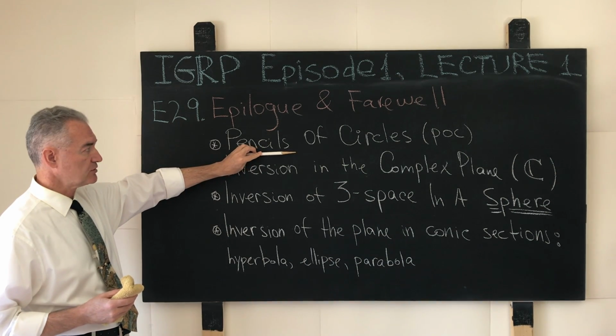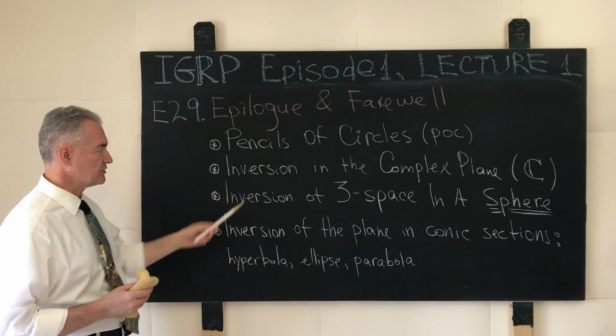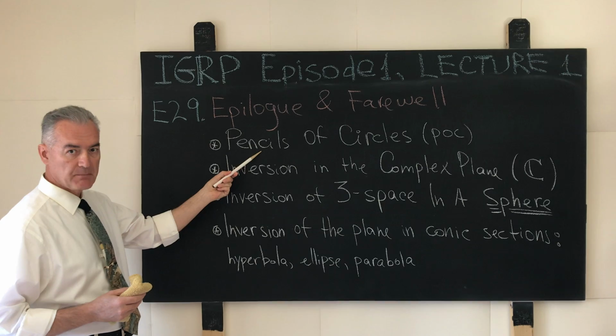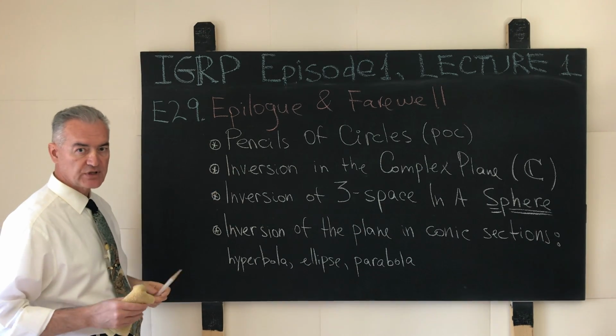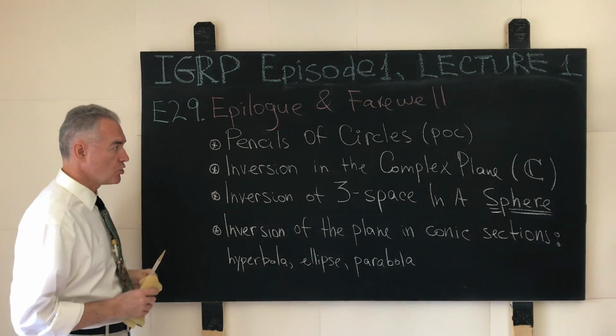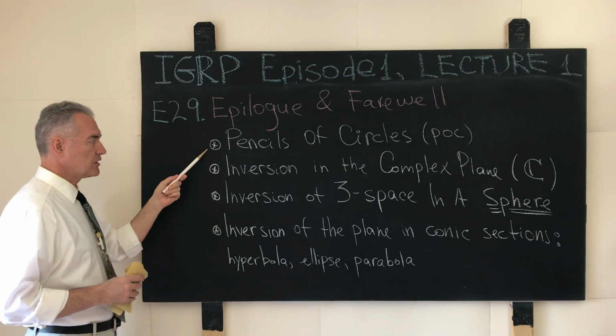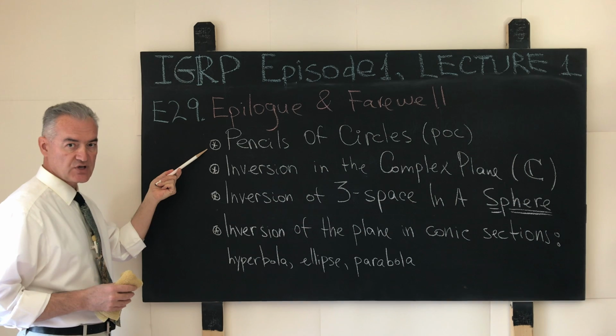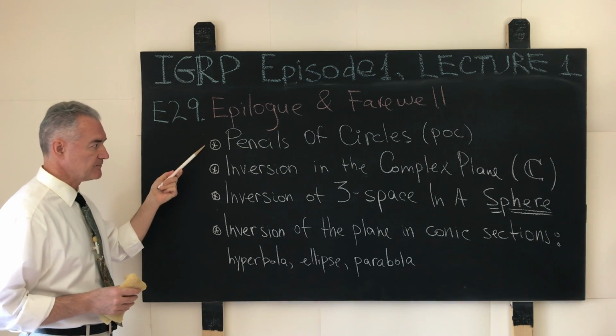And for those who do not know what a pencil of circles is, basically this is another word for many circles looked at as a certain whole. That is one direction in which the knowledge of the basic inversive geometry of the real plane can be taken.